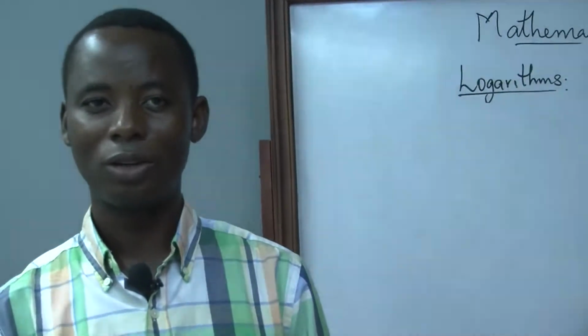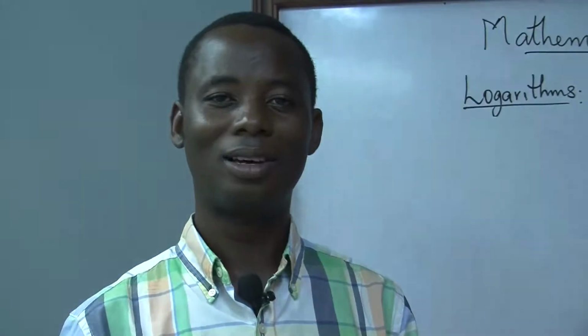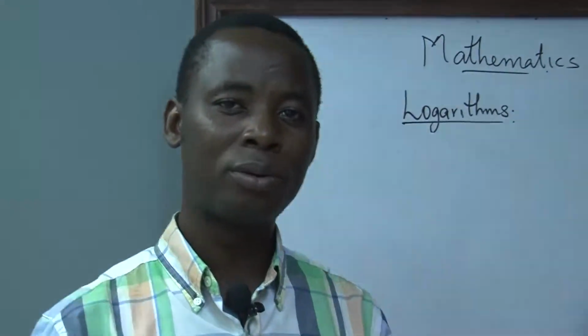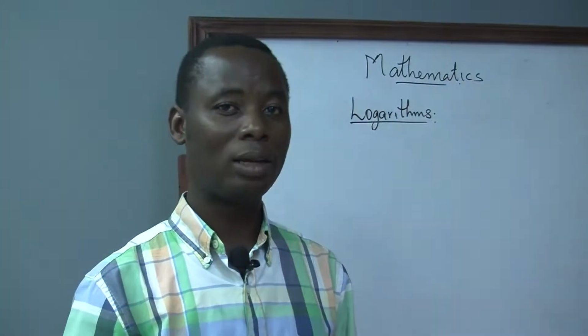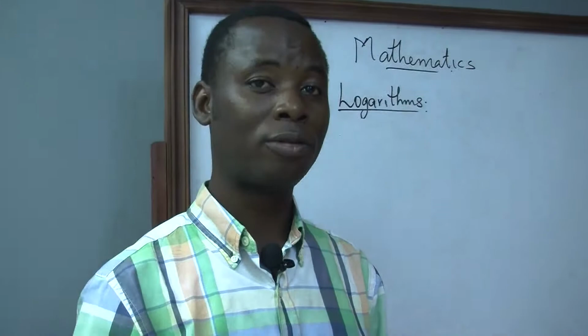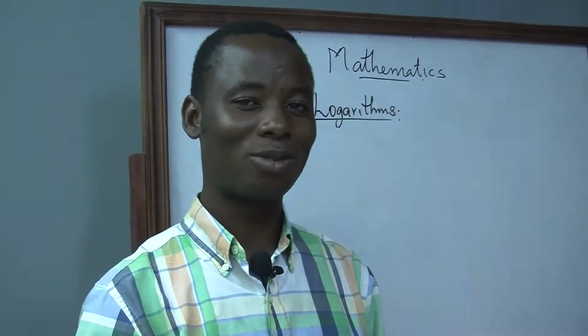Also, I will need to tell you that in our senior secondary mathematics, it is very essential for us to have a very good grasp of logarithm in order for us to be able to do a whole lot of things, a whole lot of manipulation, a whole lot of flexibility when it comes to numbers.